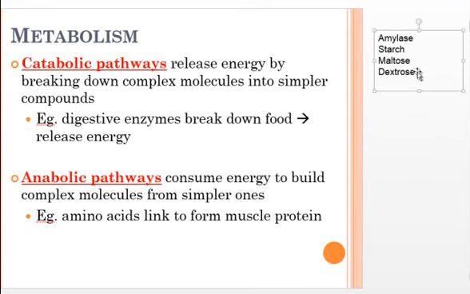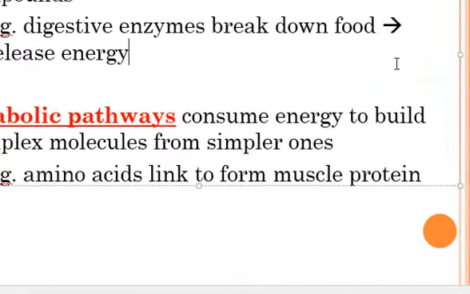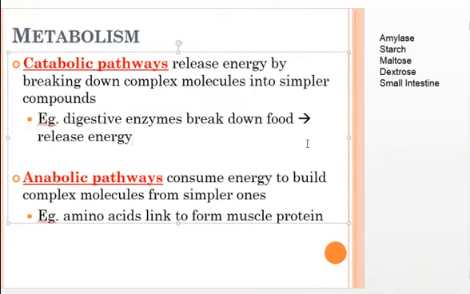These are further broken down in the small intestine. So we'll type that in, small intestine. And the reason why these are catabolic, again, is because you're breaking down a very large carbohydrate, which is starch, into smaller subunits. And energy is released when this occurs.